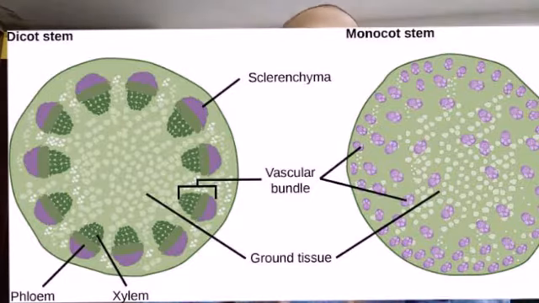These pipe-like structures carry the water and the nutrients mixed in the water to the different parts of the plants with the help of xylem.